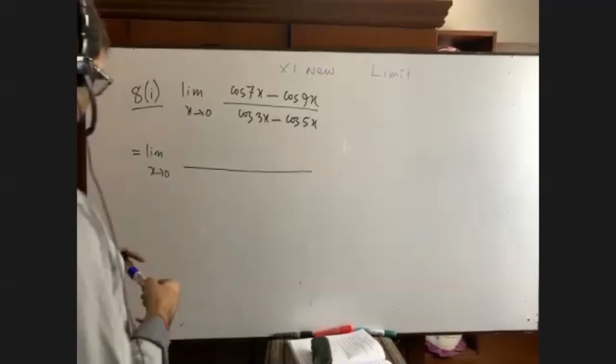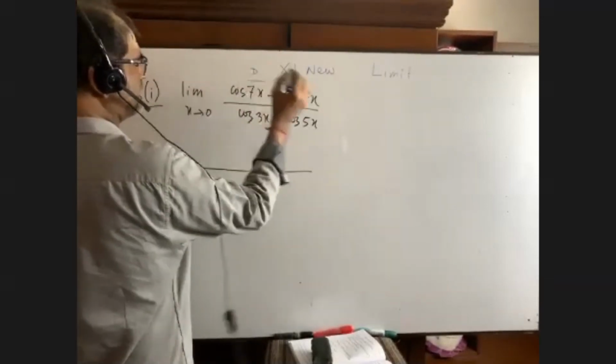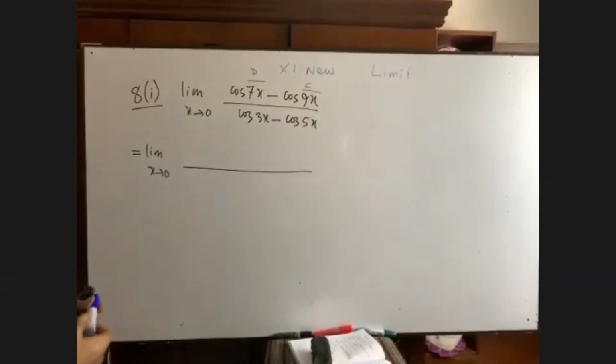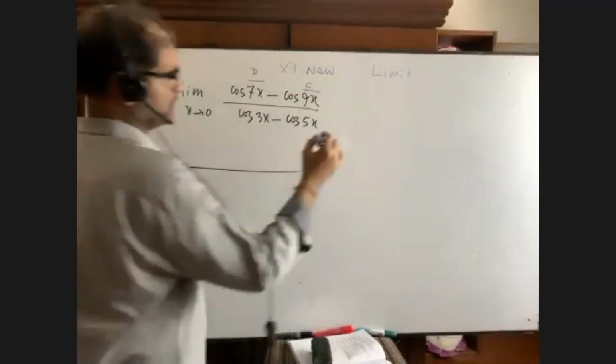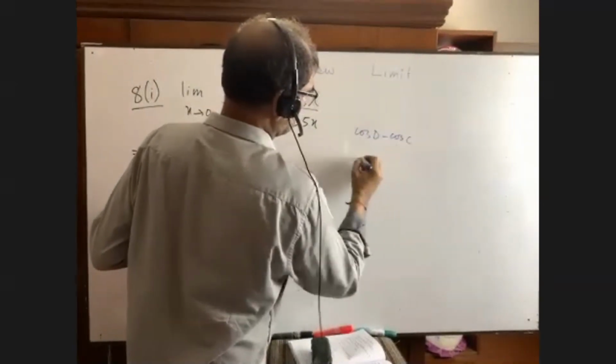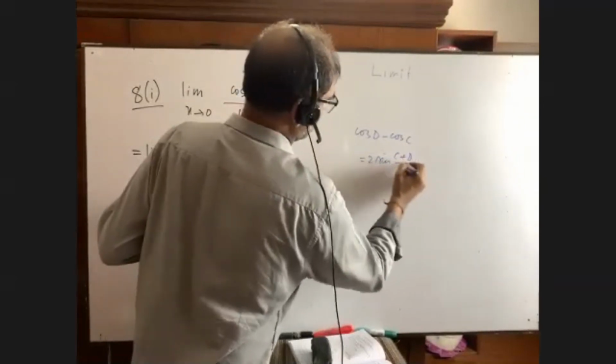I told you this formula. 2 sine c plus d by 2 into sine c minus d by 2. Cos d minus cos c, what is the formula? Hello. I am not getting you.